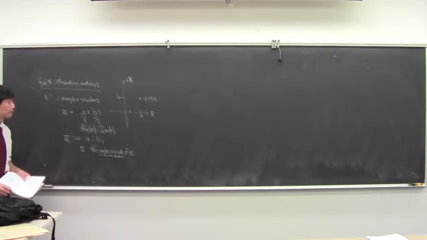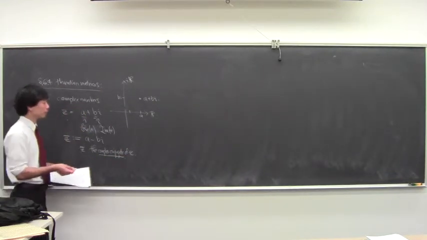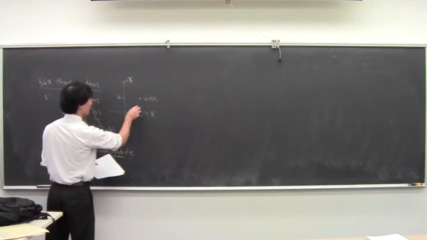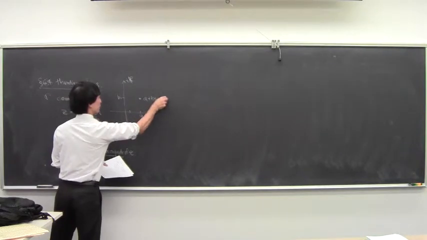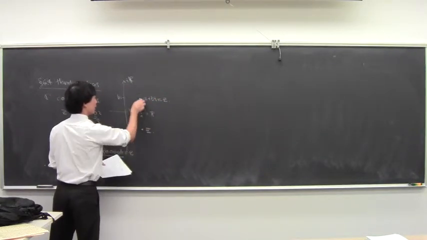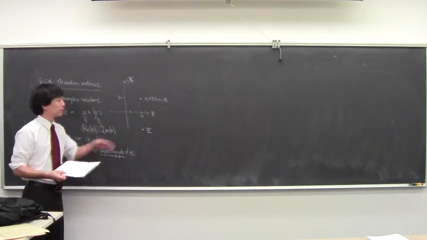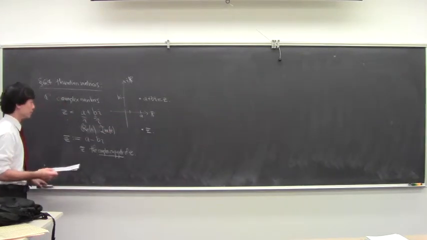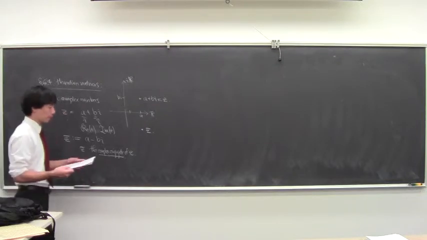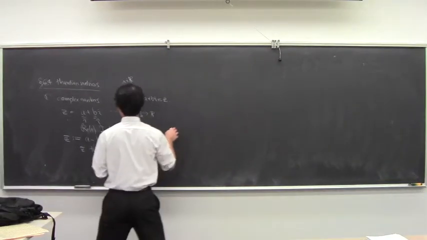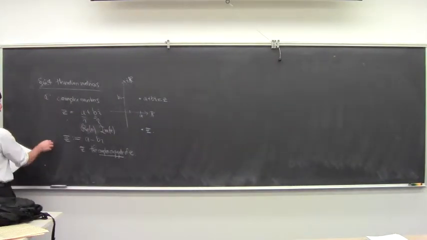You see what that corresponds to graphically: if z is a plus bi, then z bar is the reflection of z across the real axis.